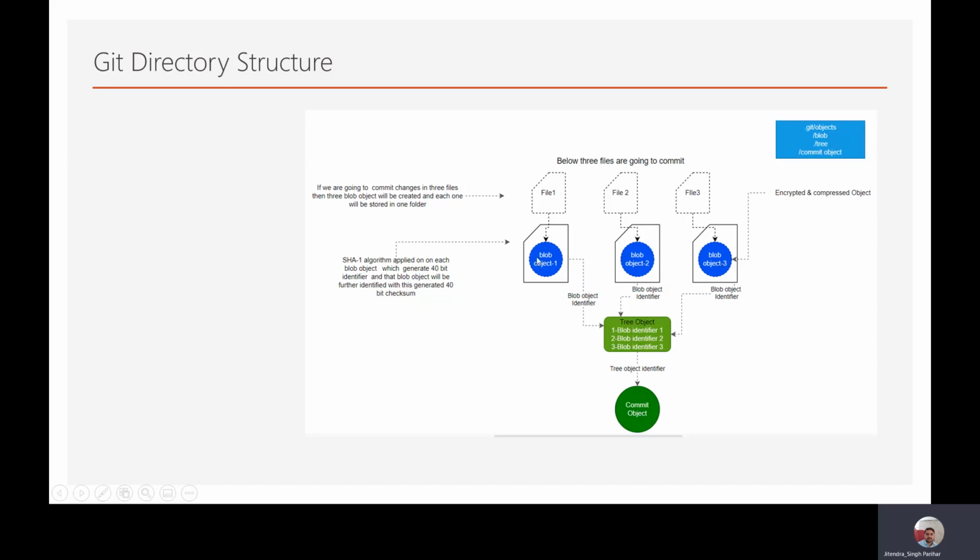Next, the hash algorithm is applied to each blob object, and as a result Git generates a 40-bit checksum, and the blob file name would be that 40-bit checksum. Out of the 40, the first 2 we consider as a folder name.